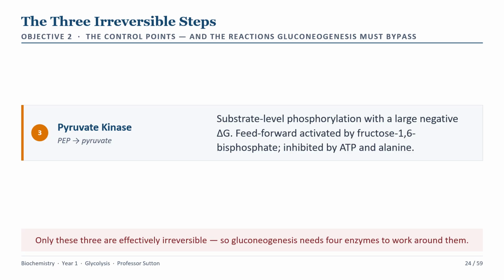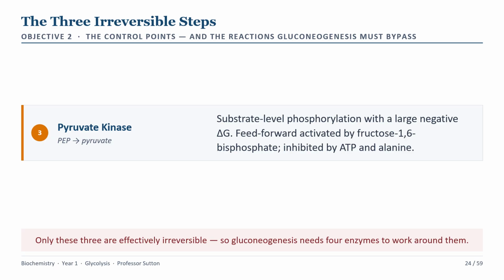Citrate inhibits phosphofructokinase 1. Alanine inhibits pyruvate kinase because alanine is one transamination away from pyruvate and therefore signals that pyruvate is already plentiful. And fructose 1,6-bisphosphate activates pyruvate kinase. It's feed forward, the only activator in the list that comes from inside the pathway itself.